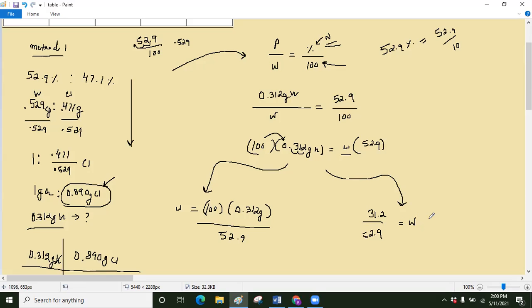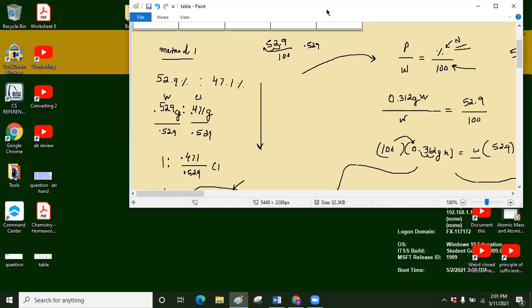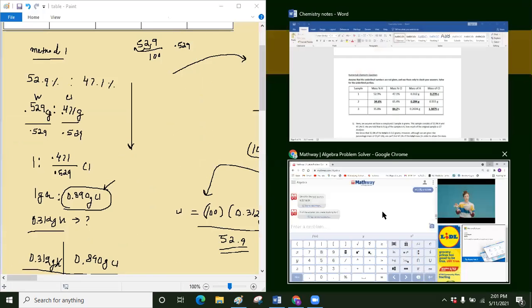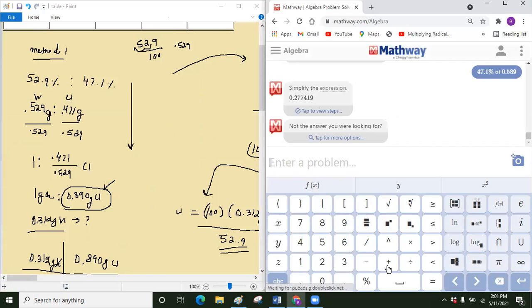And the idea here is that both of these should give you the same answer. Because it's essentially the same thing, right? Instead of having the 100 here, you're just saying, okay, 100 times 0.312 is just 31.2 grams, and then you already had the 52.9 to begin with, and if you were to plug this into a calculator, you would in fact get your answer.